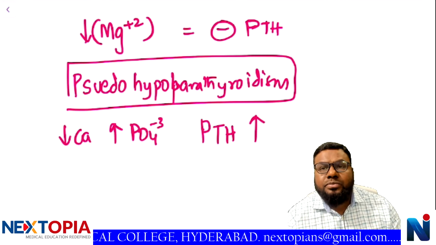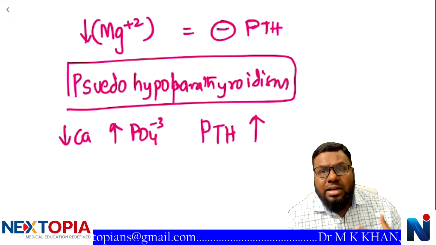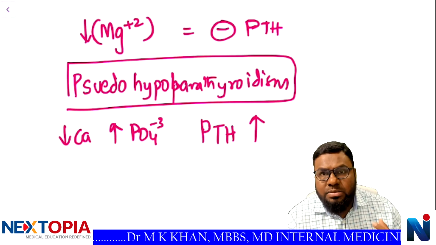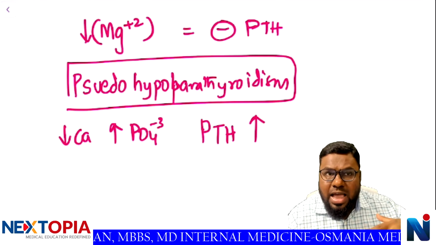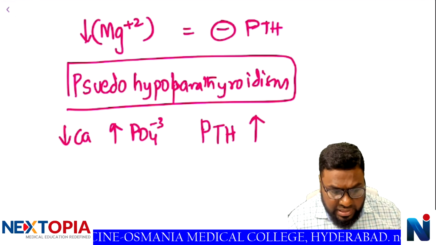Actually, what happens is there is resistance in the target tissue. I told you there is a calcium sensing receptor which senses calcium, and if calcium levels are low, it causes an increase in the secretion of parathormone.